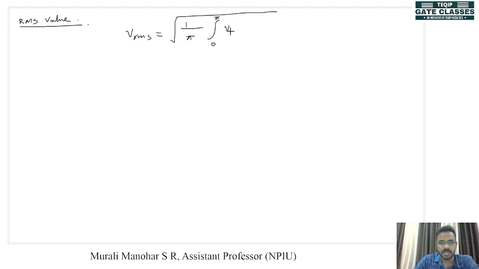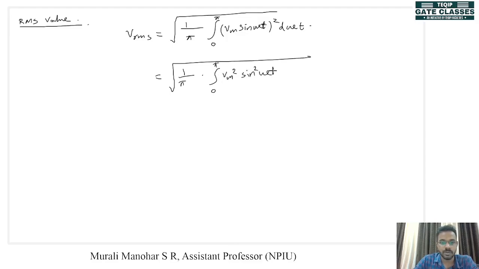We know that V of t is Vm sin omega t, so Vm sin omega t, 0 to pi whole square d omega t. This is given by root of 1 by pi integral 0 to pi Vm sin omega t whole square becomes Vm square sin square omega t d omega t.